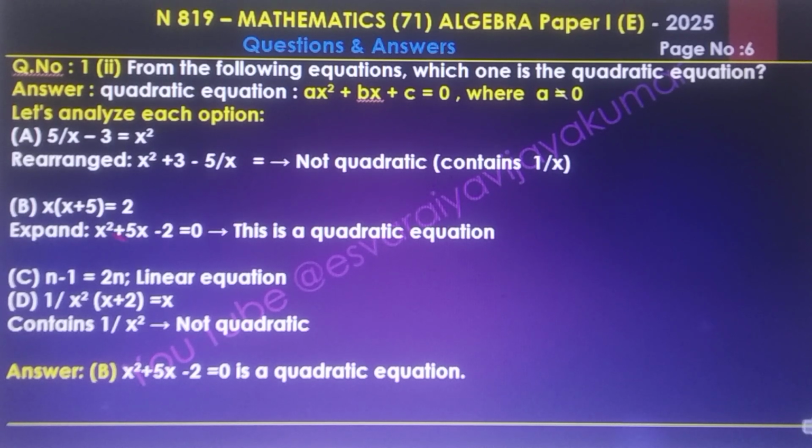Option B, x square plus 5x minus 2 equal to 0, is of the form a x square plus bx plus c equal to 0, so it is a quadratic equation. Option C, n minus 1 equal to n, is a linear equation. Option D, 1 upon x square, x plus 2 equal to x, is not a quadratic equation, it is a linear equation. So the final answer is B, x square plus 5x minus 2 equal to 0 is a quadratic equation.